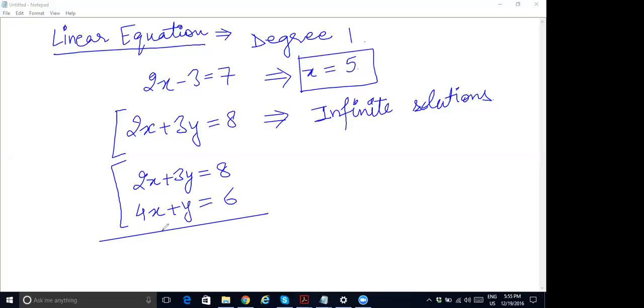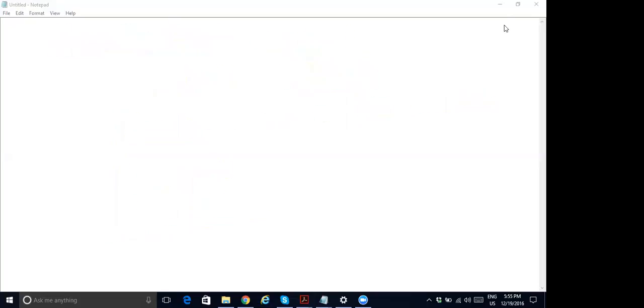If you subtract them, then you get minus 2x plus 2y is equal to 2, so x minus y is equal to minus 1.